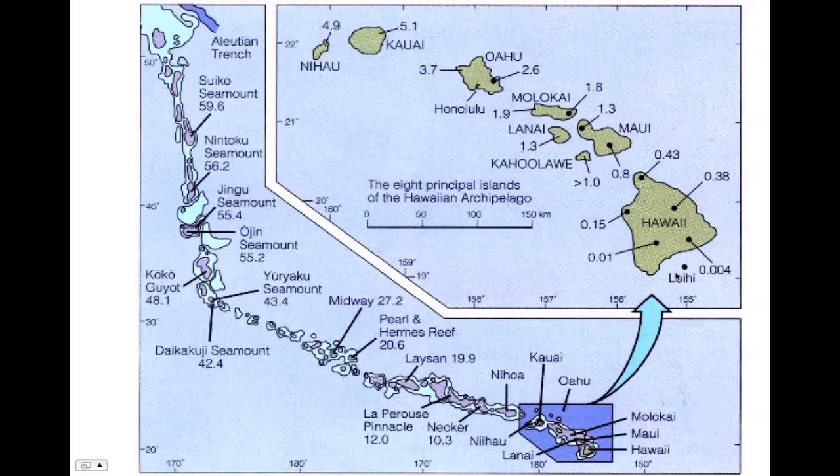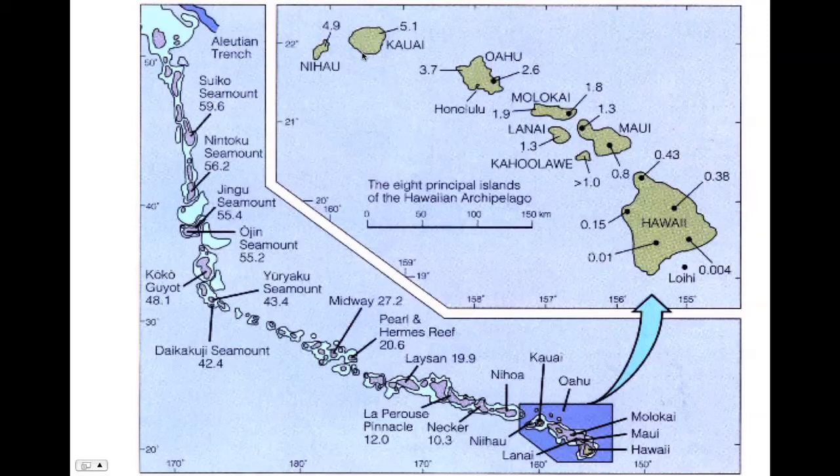And Loihi is actually underwater, but it's actively erupting lava as well. And not in our lifetime, but thousands of years into the future, that's going to pop up as an island at some point. But the plate is moving in that direction, so following my cursor, started at Hawaii, the plate's moving like that. So the oldest islands are Kauai here.